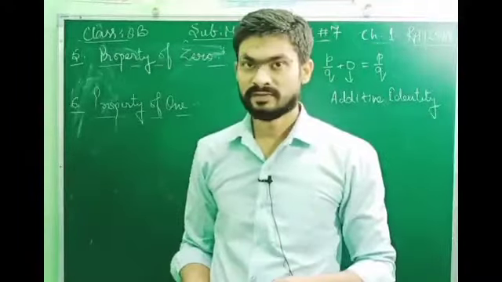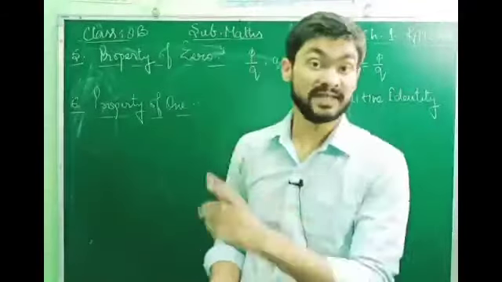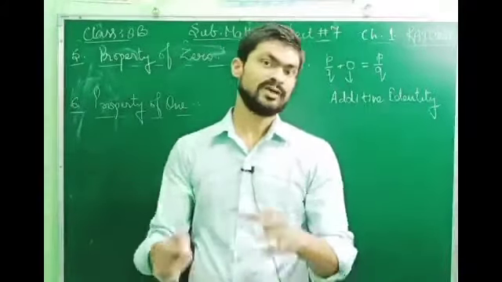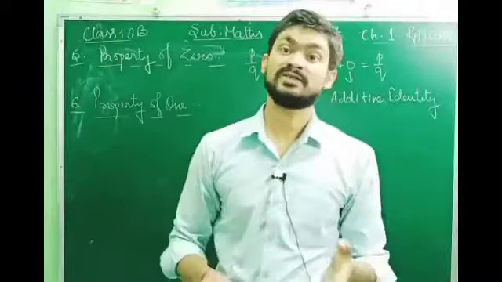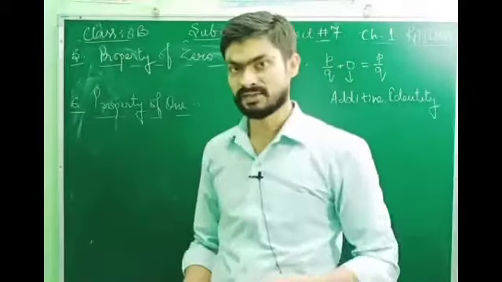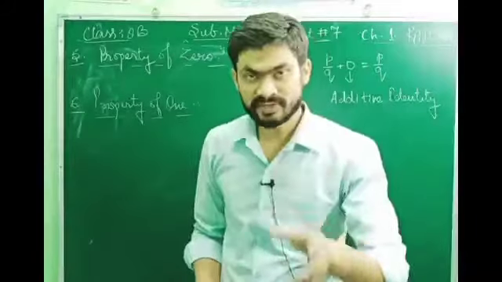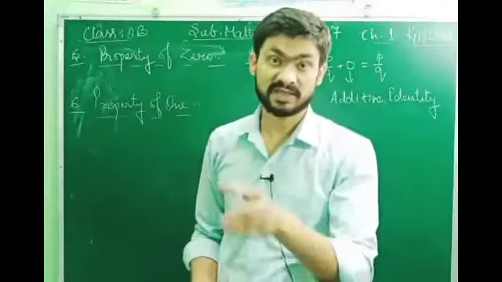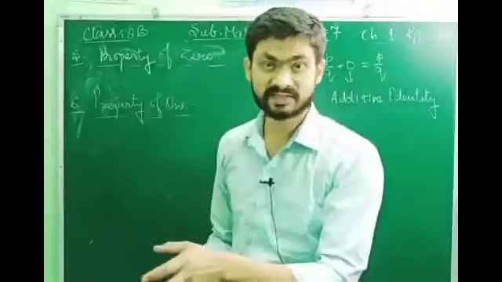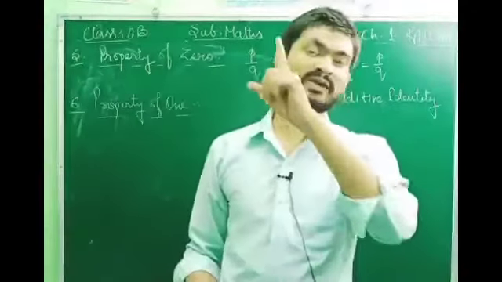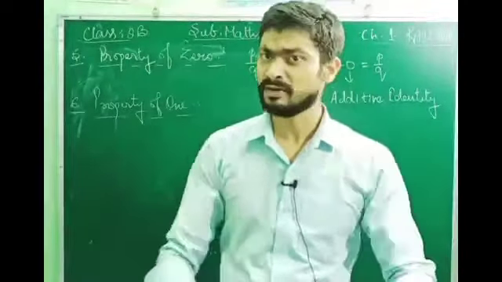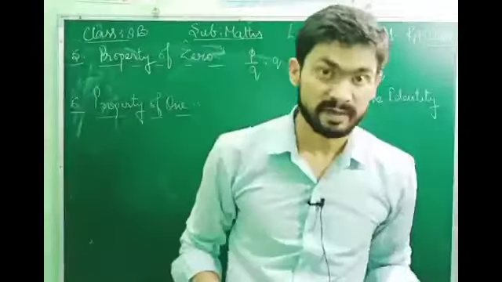Yes. My dear children, when we multiply any number by 1, what is our result? The same number. 2 ones are 2, 3 ones are 3, 5 ones are 5, 10 ones are 10, 20 ones are 20, 30 ones are 30, 45 ones are 45. Everywhere, when 1 is multiplied to any number, it results in the same number.